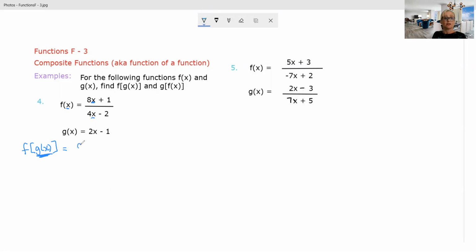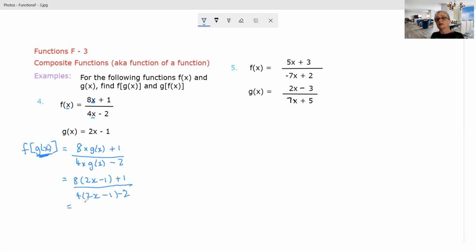So I'm going to have 8 times g of x plus 1 over 4 times g of x minus 2. Now we can sub in what g of x was. g of x was just 2x minus 1.